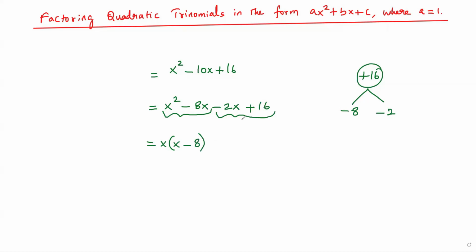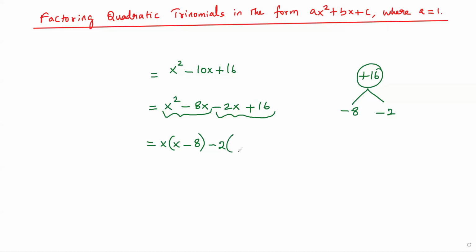Okay, here, so what has to be done? What has to be factored out from the terms in the second group? So here, when you try to factor something out from the terms of the second group, please notice, this term has a negative sign, that is negative 2x. So when I look at the two terms carefully over here, 2 is the greatest common divisor of 2x and 16. Since we have a negative sign over here, we have to factor negative 2 from the two terms of the second group.